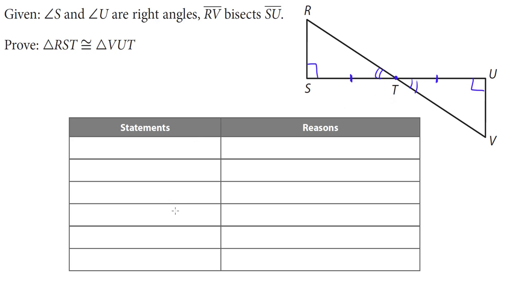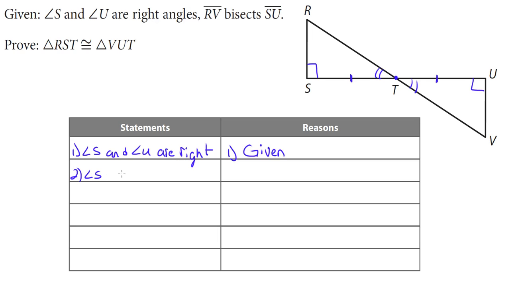So now we're ready to build our proof. So first, we have that angle S and angle U are right angles. And we know that because it's given. Now think about what that means. If angle S and angle U are right angles, that means they're congruent.